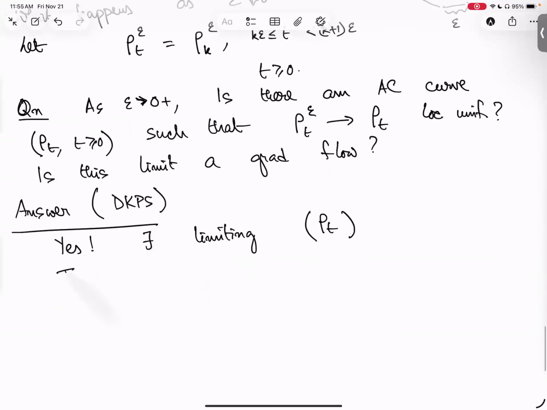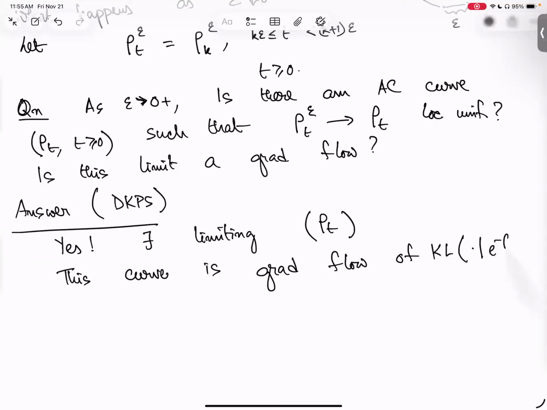This curve is the gradient flow of the KL with respect to this e to the power minus f. So I'm converging to e to the power minus f as t goes to infinity. It's a gradient flow, but this is not the Otto gradient flow. This is a gradient flow which is a generalization of Otto given by this mirror geometry.